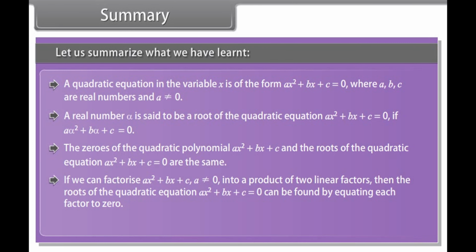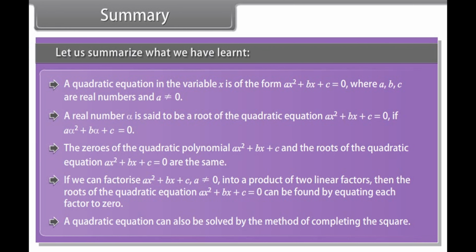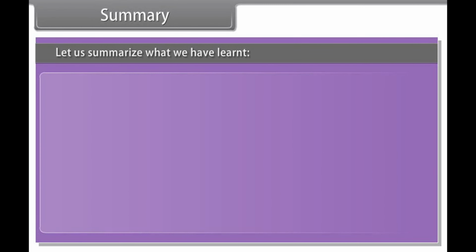If we can factorize ax² + bx + c, a not equal to 0, into a product of two linear factors, then the roots of the quadratic equation can be found by equating each factor to 0. A quadratic equation can also be solved by the method of completing the square.